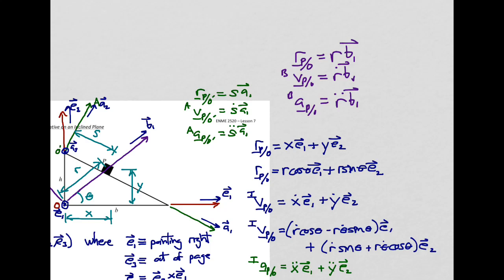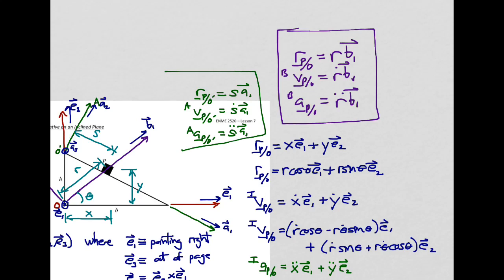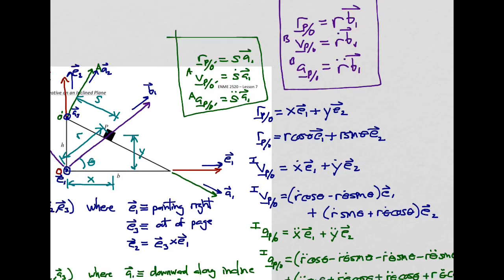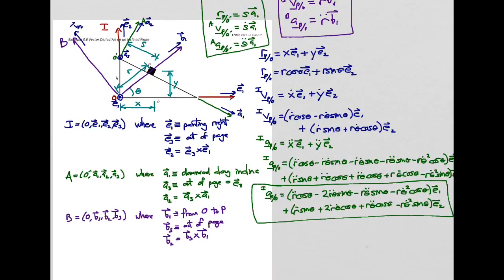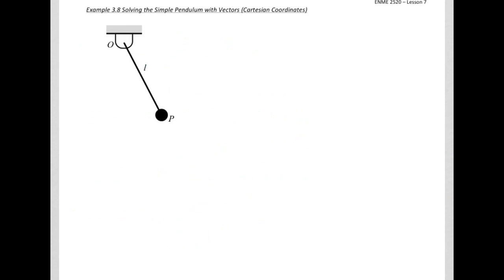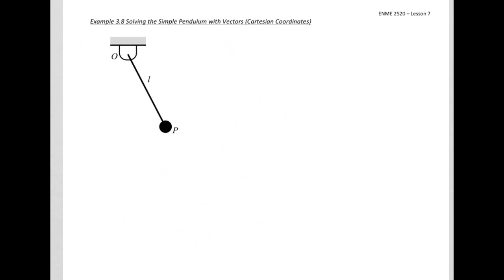We'll start putting these into practice and making these alternative reference frames handy. All right, for now we're going to move to our simple pendulum again and look in terms of our inertial reference frame, define this in terms of polar coordinates, and define those equations. I was incorrect. We're going to do Cartesian coordinates first.